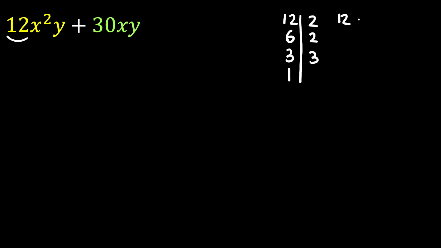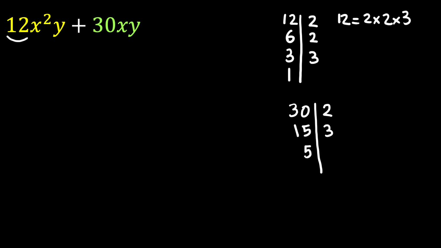So 12 equals 2 times 2 times 3. For 30, we do the same. We divide 30 by 2, which equals 15, then 15 divided by 3 equals 5, and then 5 divided by 5 equals 1. So 30 is 2 times 3 times 5.